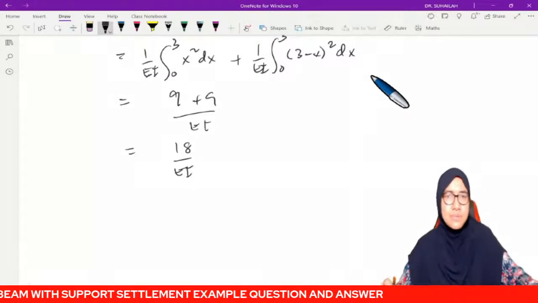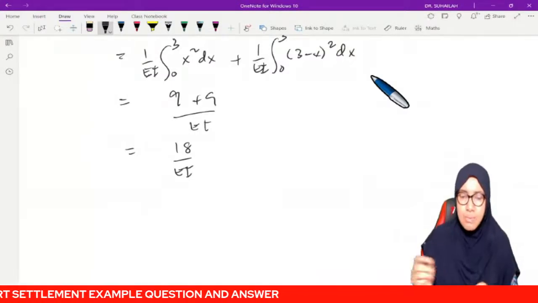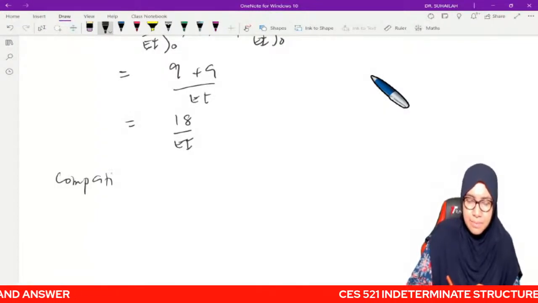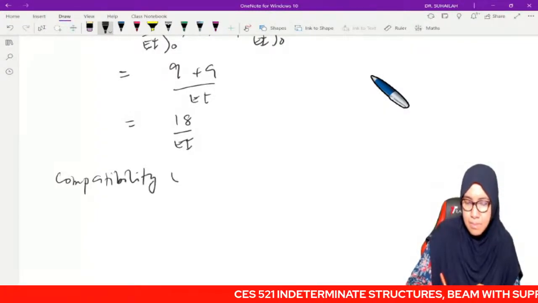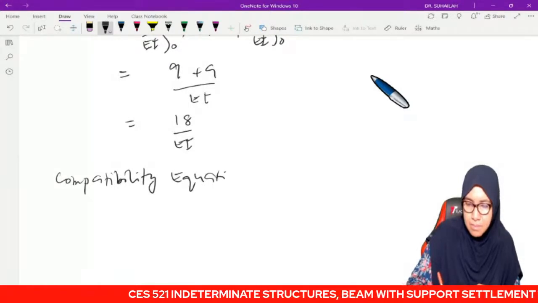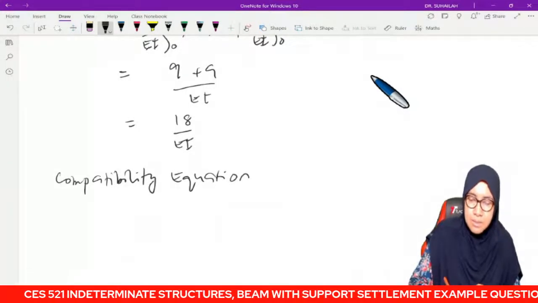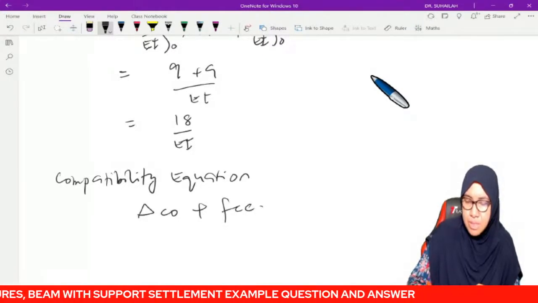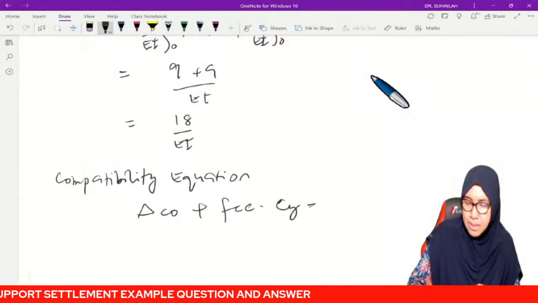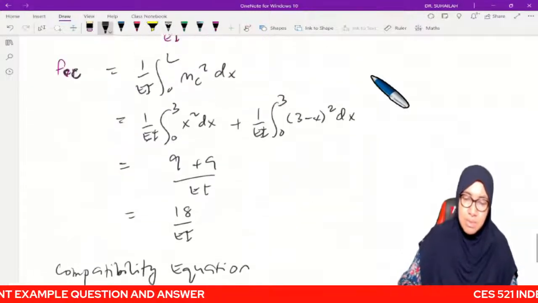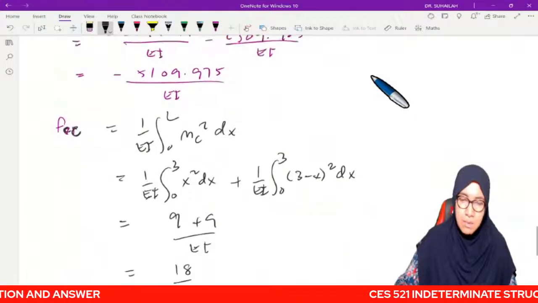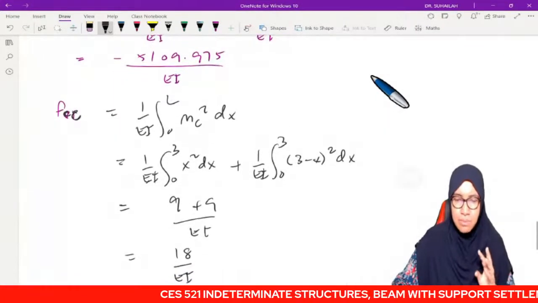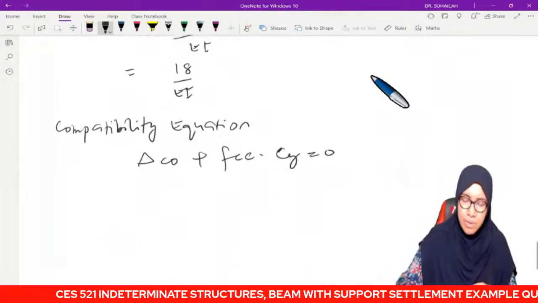So we substitute into the compatibility equation. We use this CY symbol, and we substitute the values.